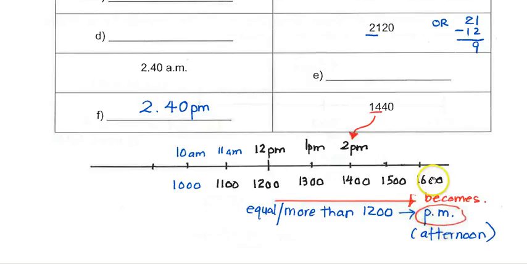So 20th hour, 21st hour, all the way of the day is afternoon or later on at night. Anything below 12, 11 and 11 plus, all these are AM, morning. So you figure out this 14 here should be afternoon. So afternoon means 2:40 p.m.